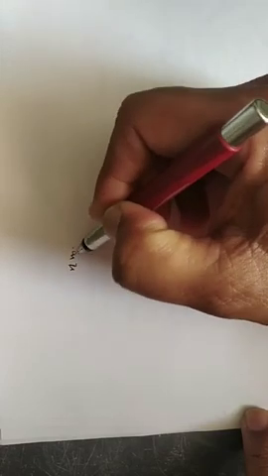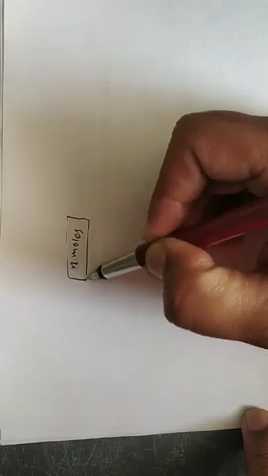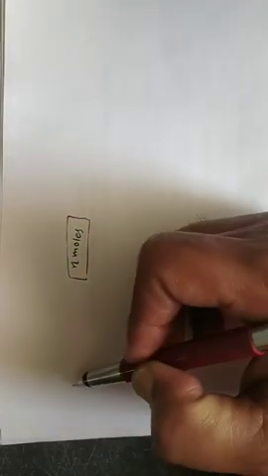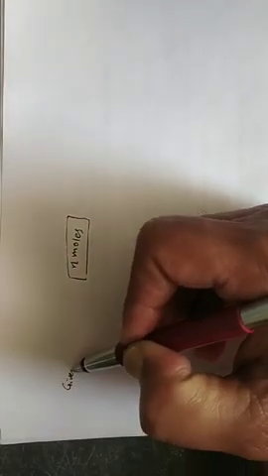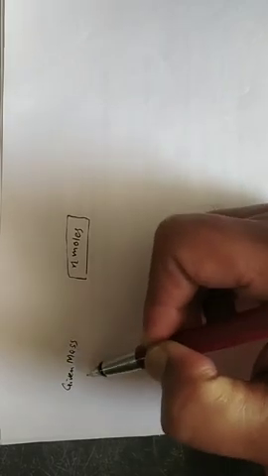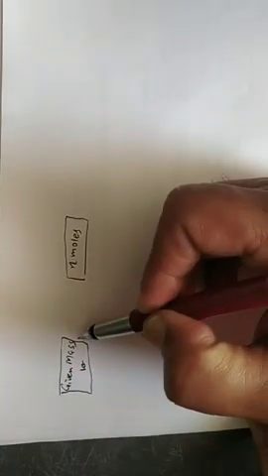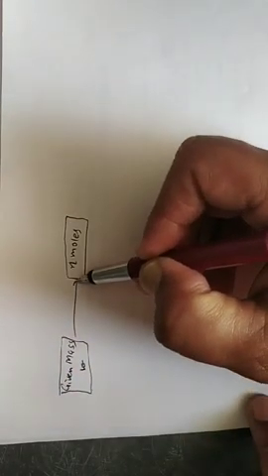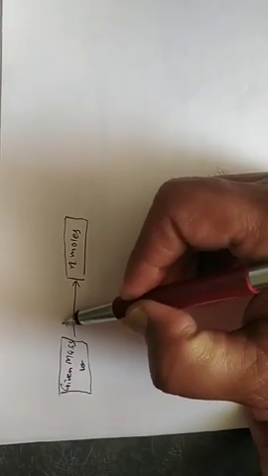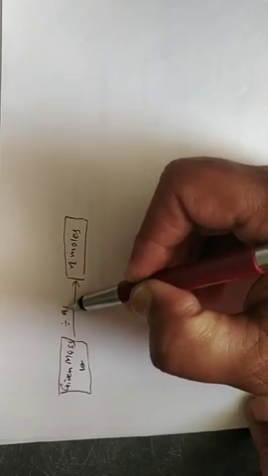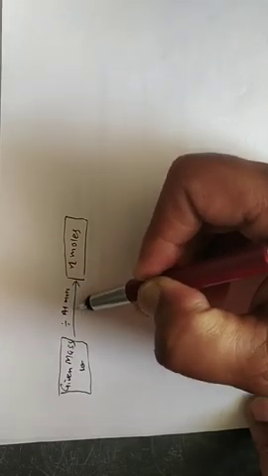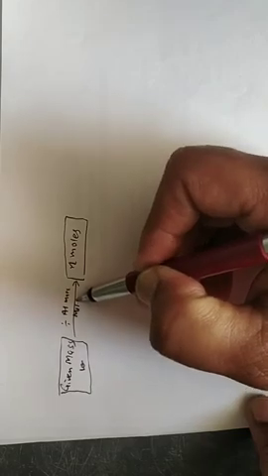So here we have 1 mole, say n moles. If mass is given, say W, you want to change the mass into mole, so divide it by atomic mass or molar mass.